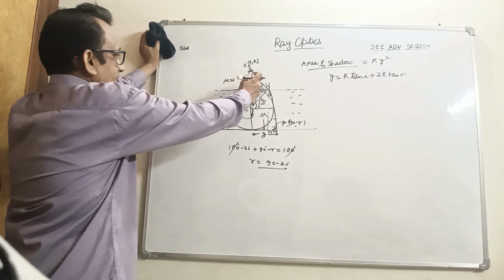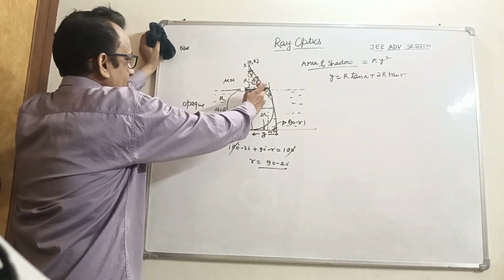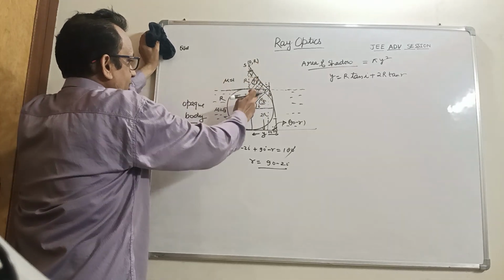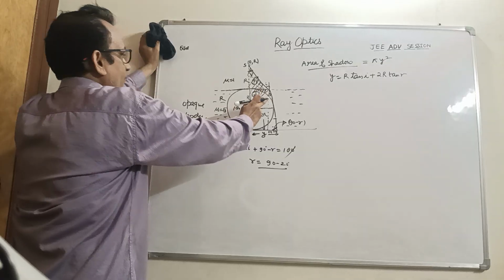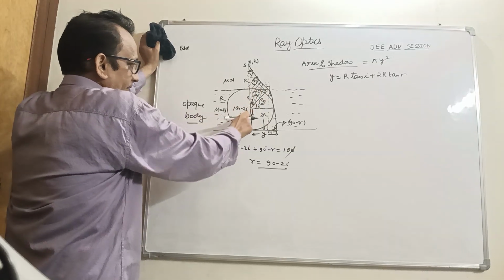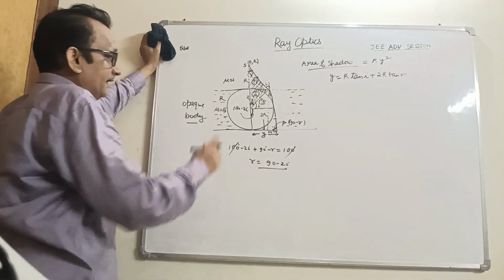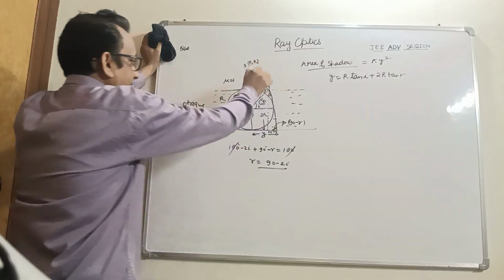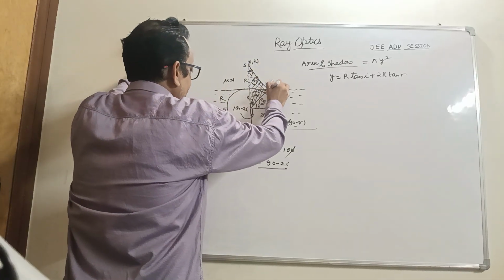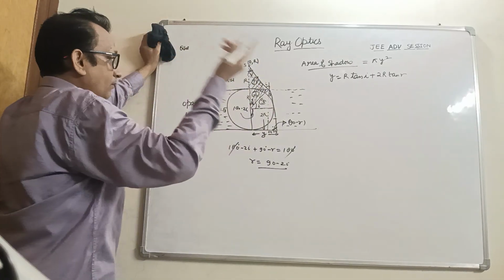Here 1 and 2 are congruent and 2 and 3 are congruent. This angle is i, so this angle becomes i, so this angle also is i. So by geometry we find the values of r and i, and at that particular point we have to apply Snell's law.